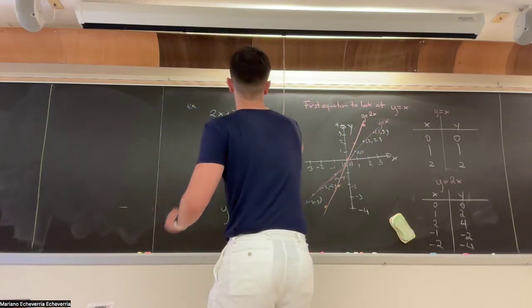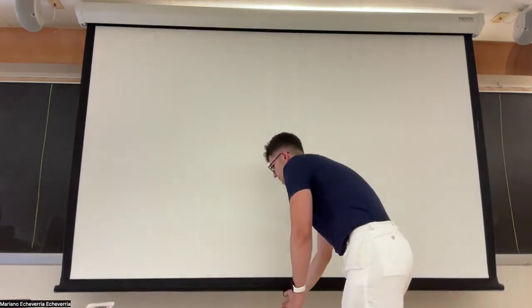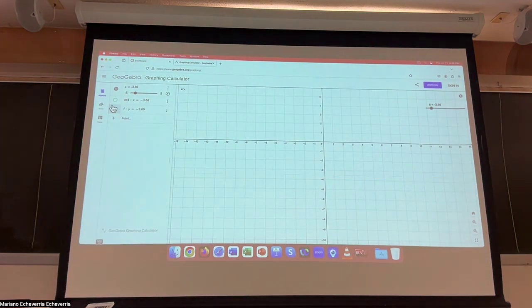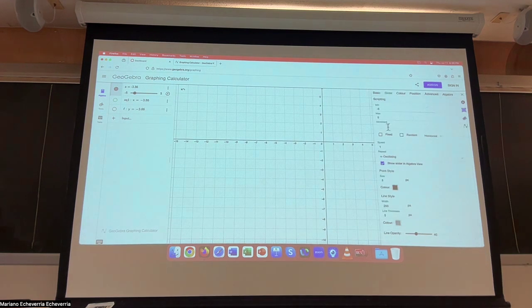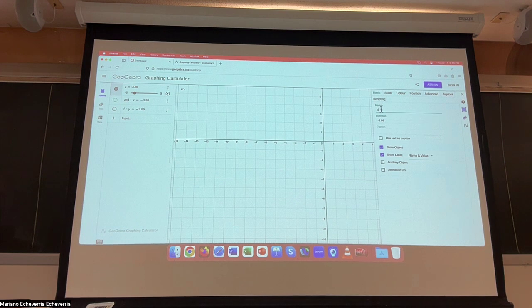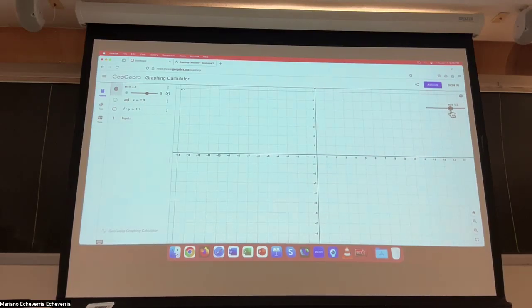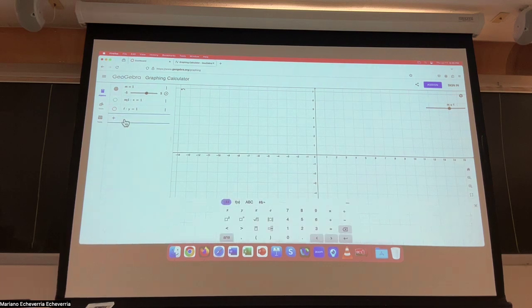So let me see if I can do it on GeoGebra. Let me go to slider p now. I want to leave y equals x as the reference line.